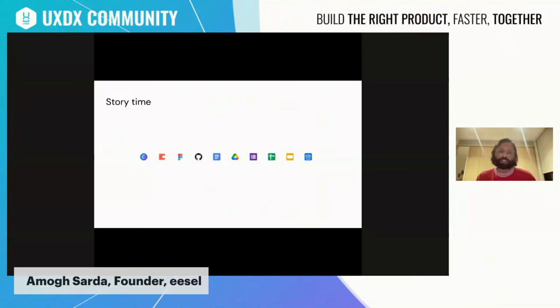And we thought, okay, well, the most intuitive way to solve this would be to plug into all your different work applications using their APIs, right? Let's plug into Google Docs and Google Slides and Figma and Coda and whatever, and index the content in those different apps using their APIs, and then give you a nice little search across all of these apps in one place.